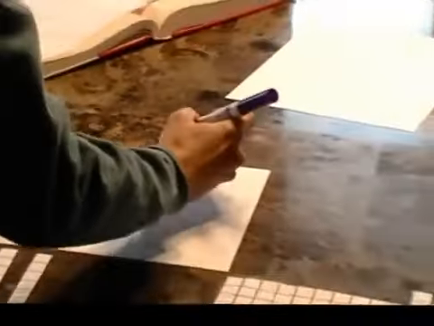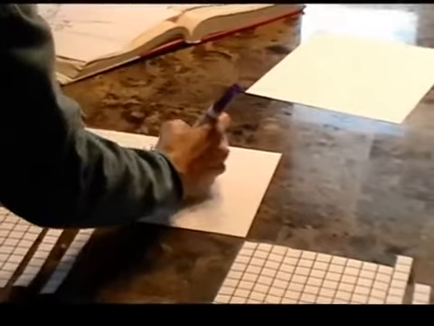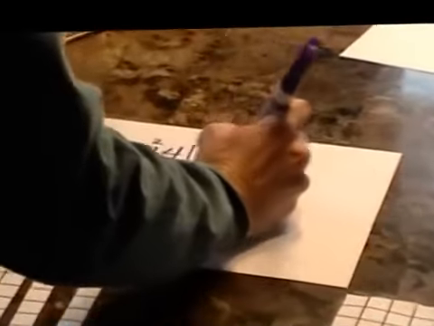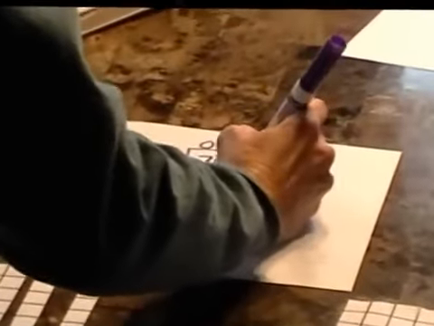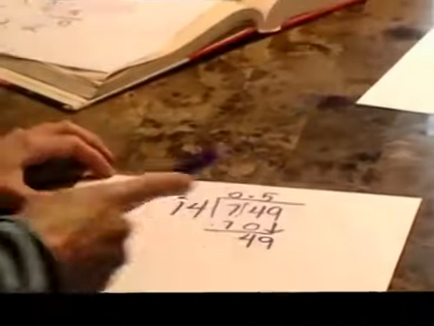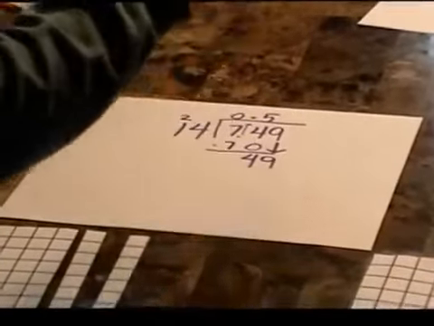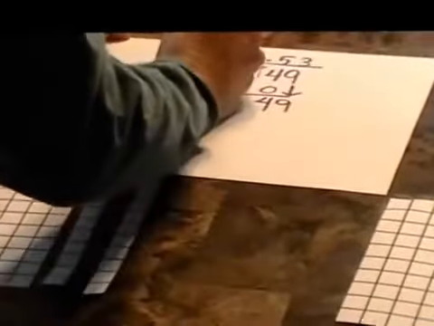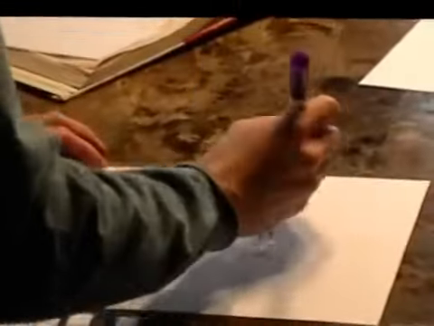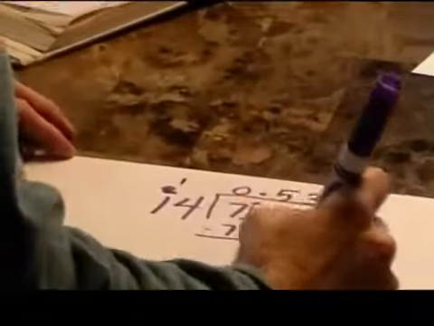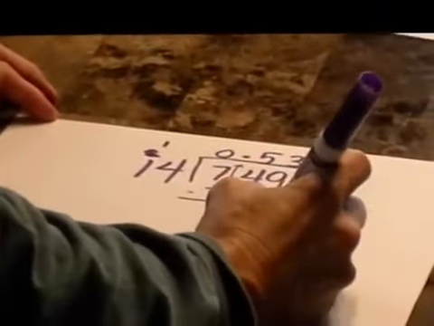About 5 times. 5 times 4 is 20. 5 times 1 is 5, plus 2 is 7. I get 4. Now I have to drop the 9 down. I'm not done yet. How many times will 14 go into 49? About 3. 3 times 4 is 12. 3 times 1 is 3, plus 1 more is 4. 49 minus 42 is 7.